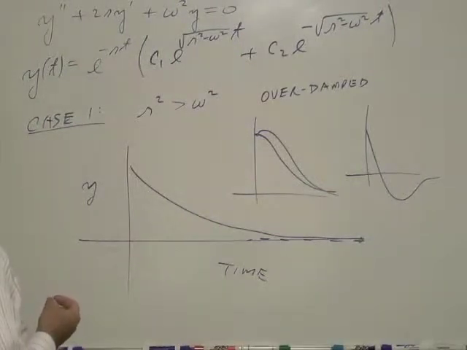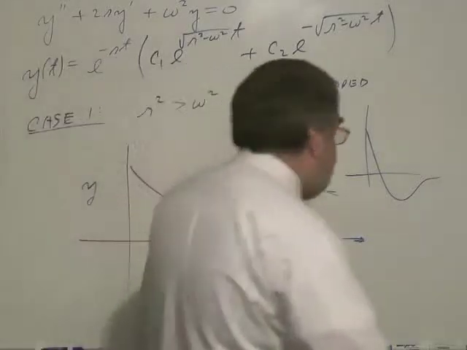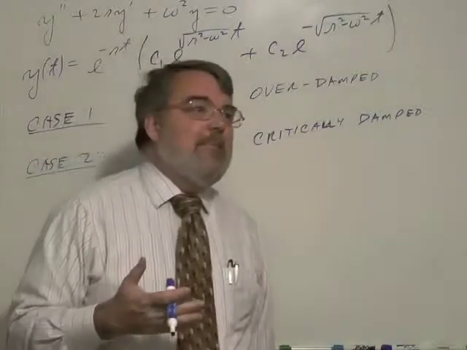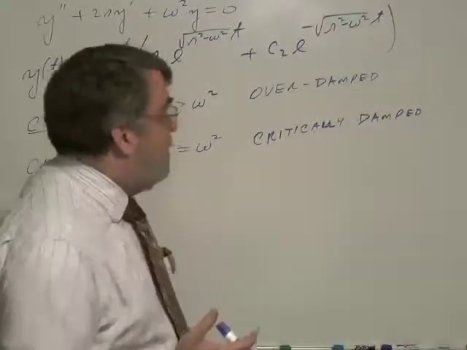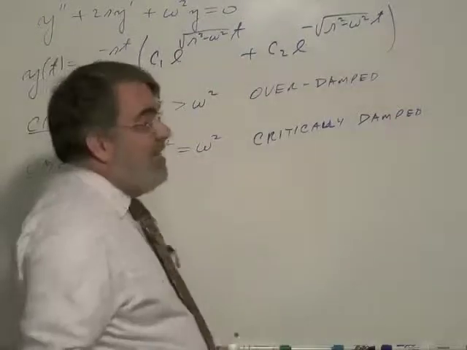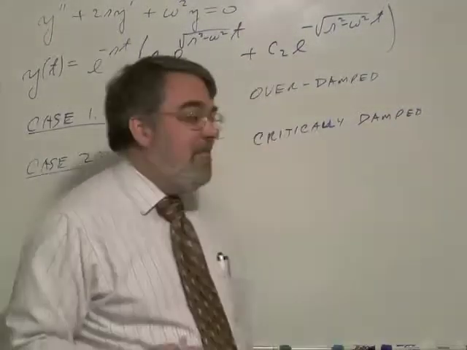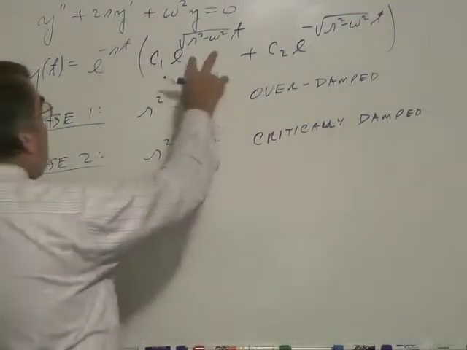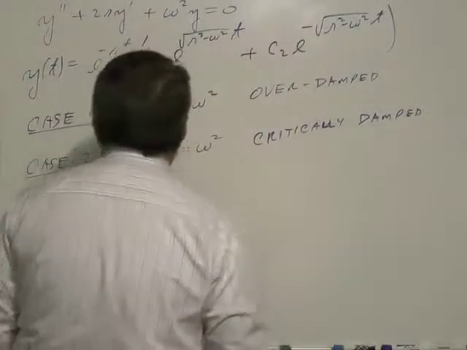All right, now let's look at case 2. Our second case is perhaps a little more hypothetical than realistic. It's when r squared is actually equal to omega squared. When it's tuned like that, we call that critically damped. That means these square roots are 0.